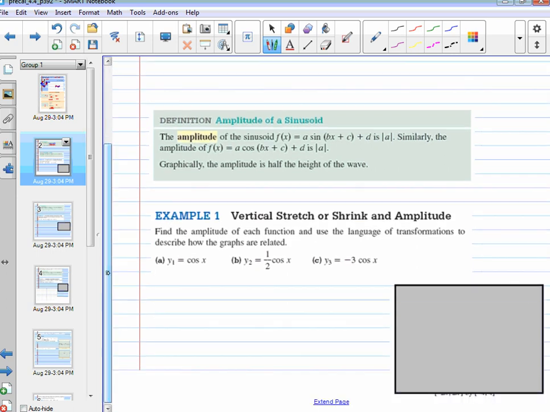Definition of the amplitude of a sinusoid. We have specific names that go with these transformations when we're talking about sinusoids or trig function graphs. The amplitude of the sinusoid is the absolute value of that number. So if we have 1 sine x, that's what we were looking at just a minute ago.